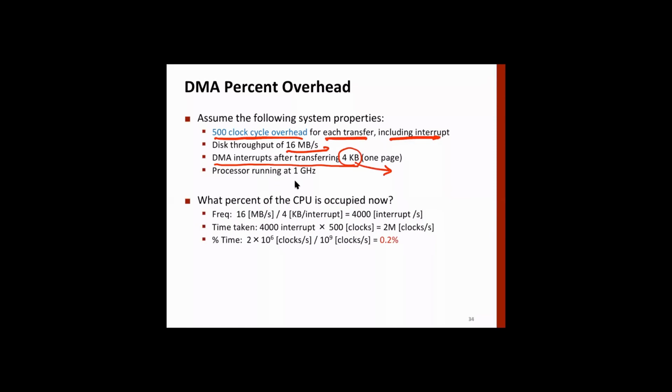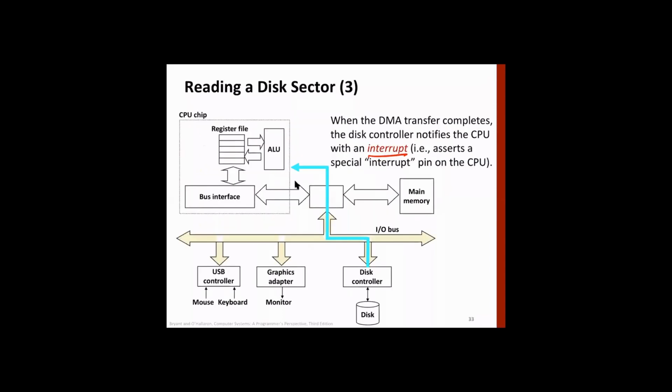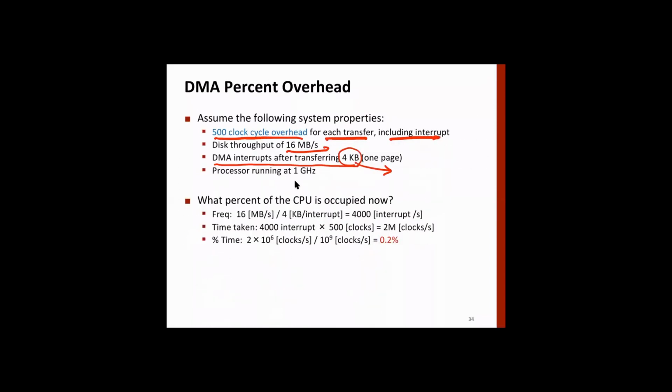So how many interrupts do we have per second? The transfer rate is 16 megabits per second, and this controller interrupts the CPU after 4 kilobits of transfer. It will say that one page transfer is over.